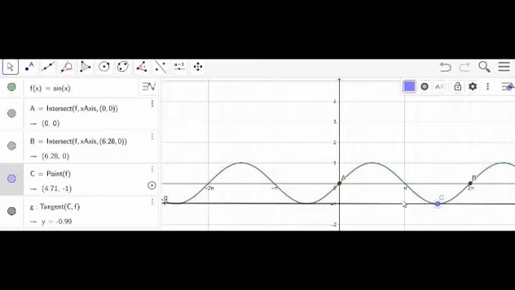That is, there are only 2 points here, 1.57, which is pi by 2, and 4.71 nearly, which is 3 pi by 2, where the tangents are parallel to the x-axis, which shows that Rolle's theorem is applicable at 2 points. That is, we got two values of c where the tangent is parallel to the x-axis.